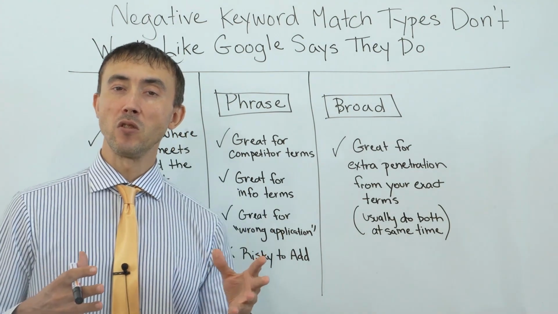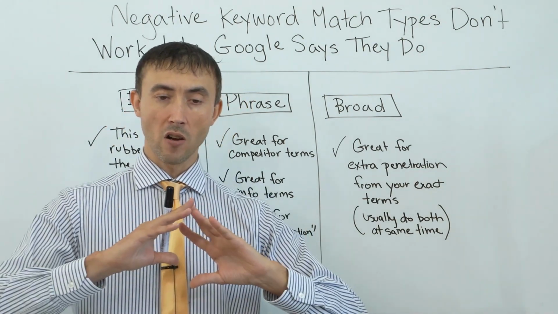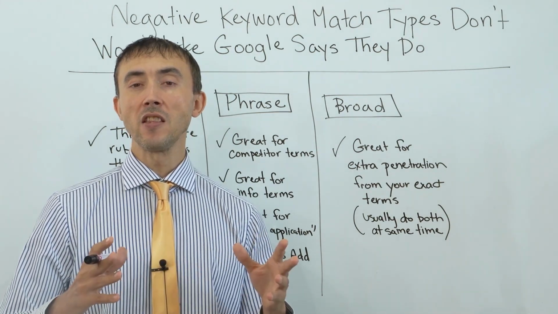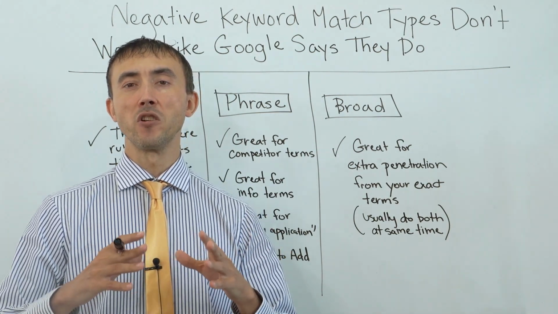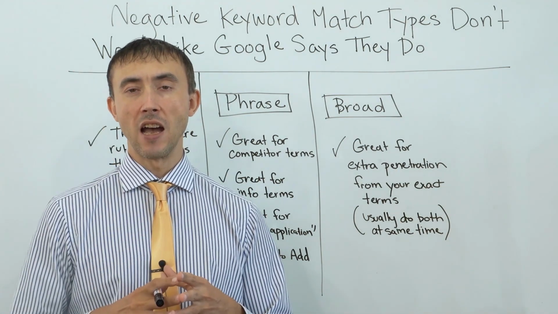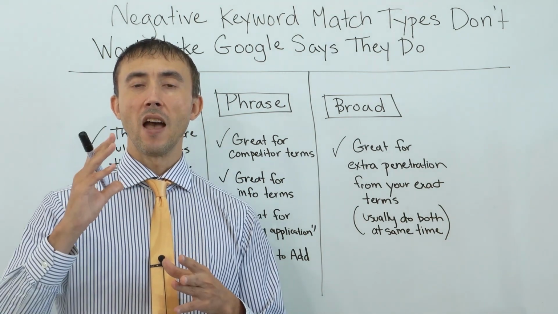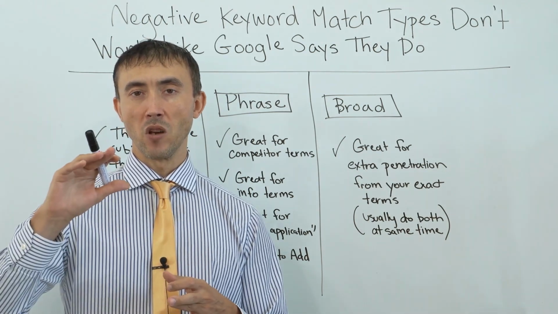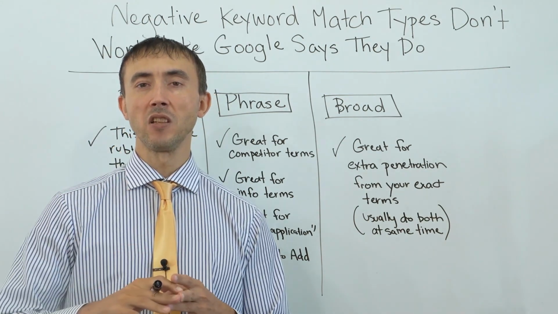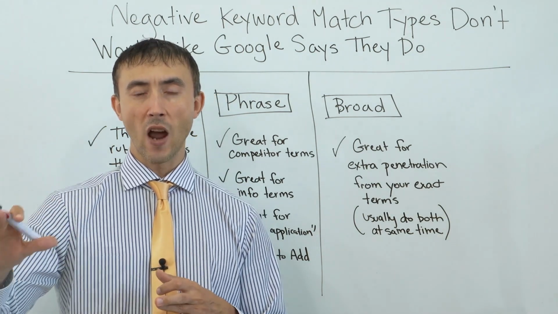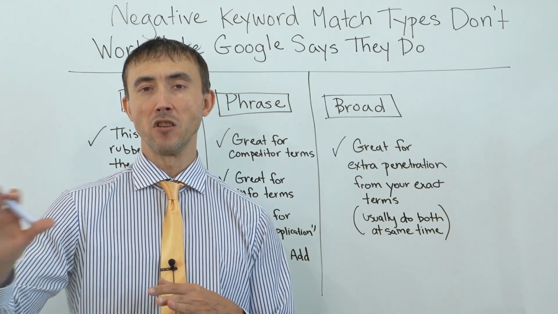Well, the main way you do that is you filter your search terms report by anything that has the word cheap in it. Then, cumulatively, you set the date range to all time, and you see how well every search term that had cheap in it has converted in terms of the actual cost per lead, and then ideally cost per sale and ROI, if you do tracking like I tell you about all the time on this channel.